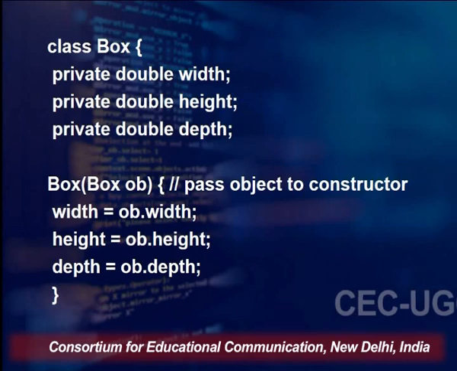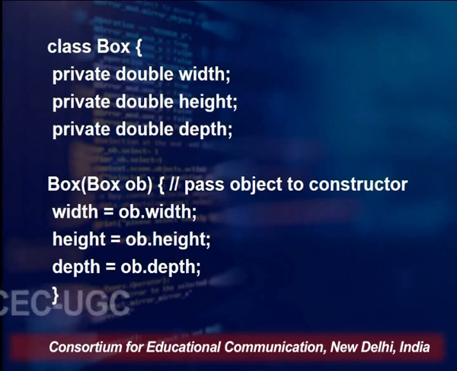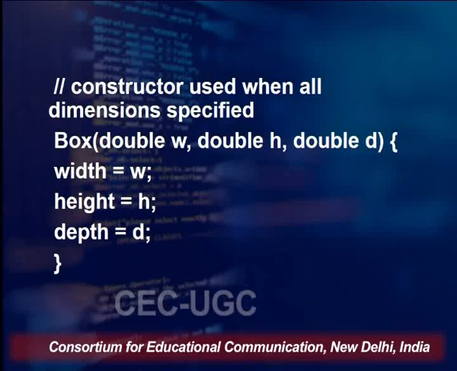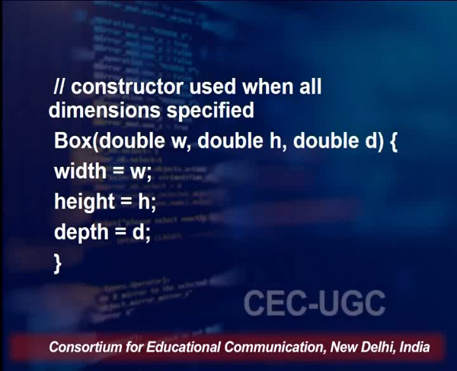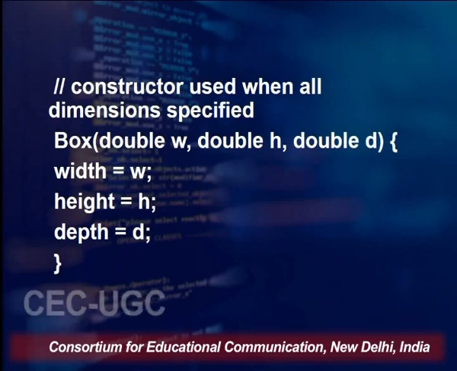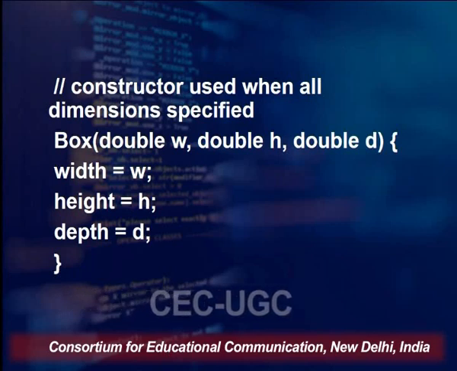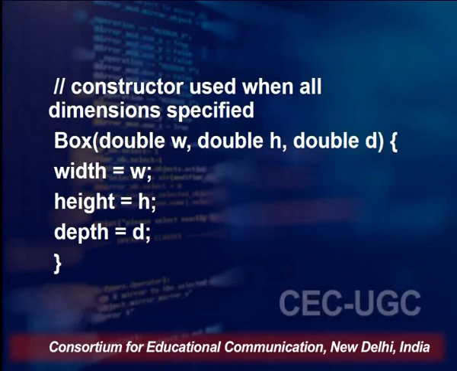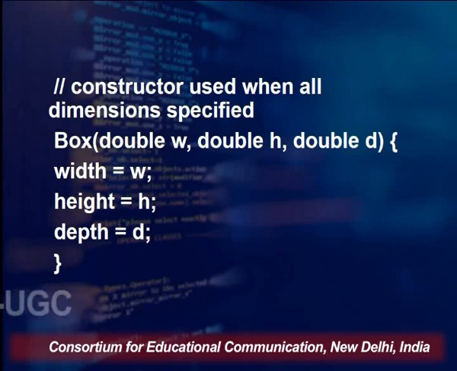This is the concept we have gone through in the last 2-3 programs. Again, the constructor in which all the dimensions are specified, double W, double H, double D. These values are given to width, height and depth respectively inside the box.